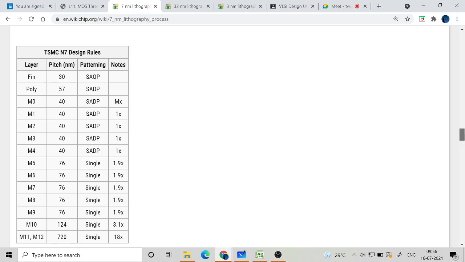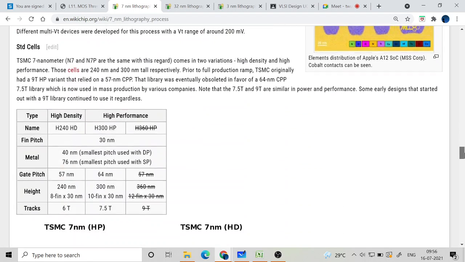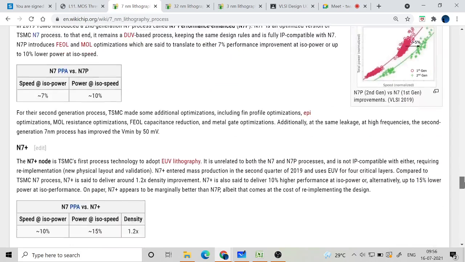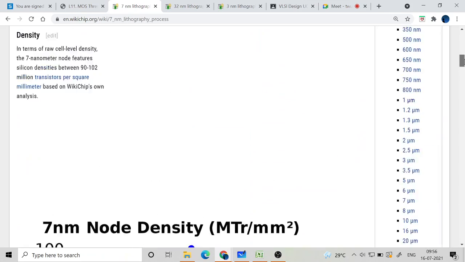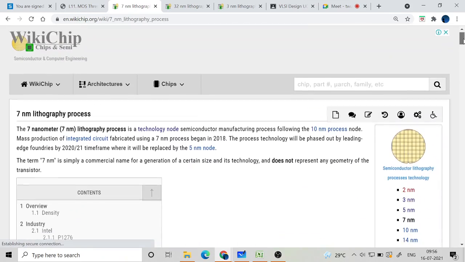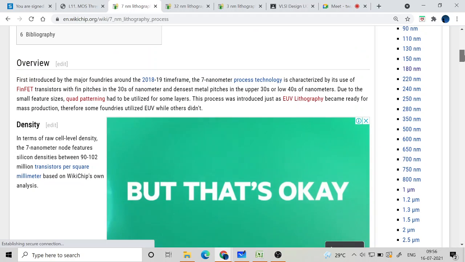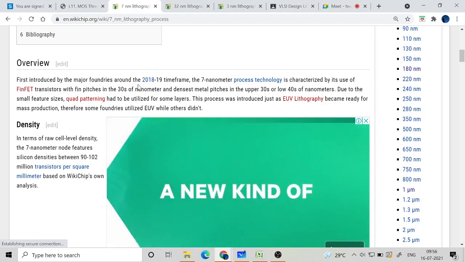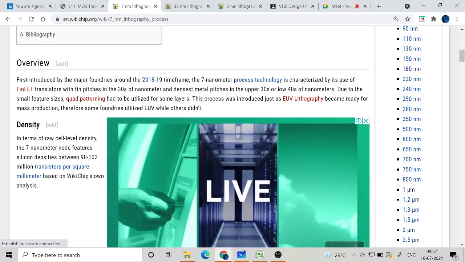These are the design rules for making FinFET. We are not going into that. This 7 nanometer node is also called N7. N7 refers to the 7 nanometer node. It came around 2018, 2019.